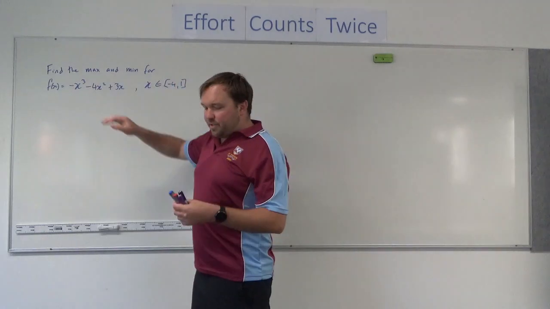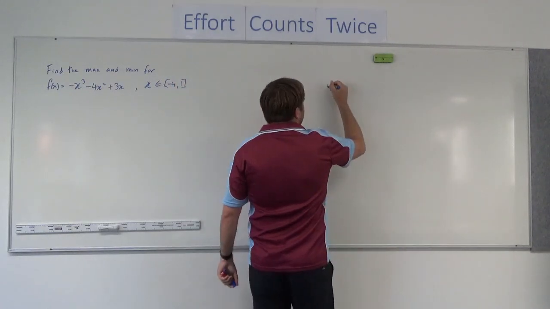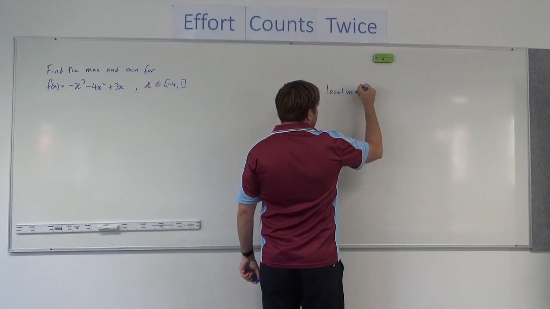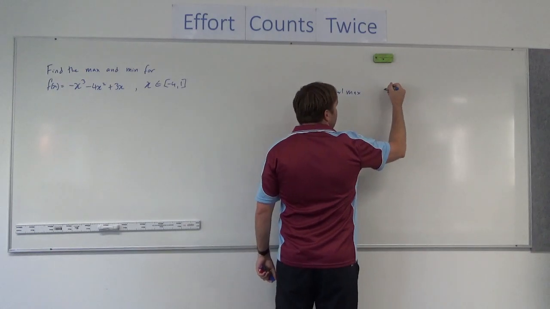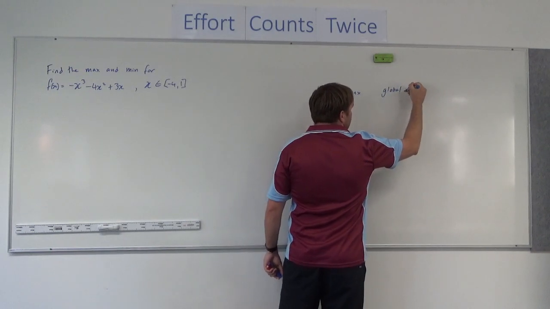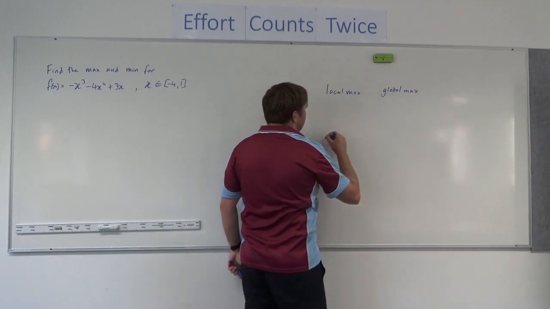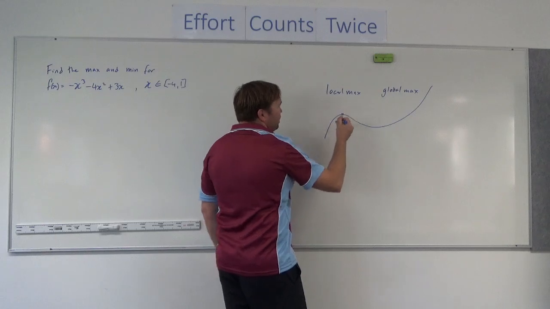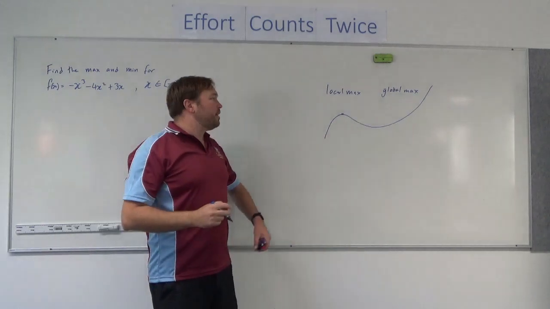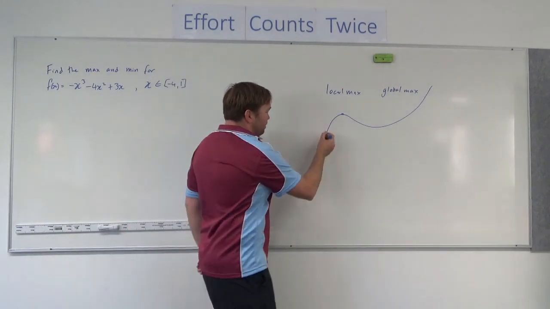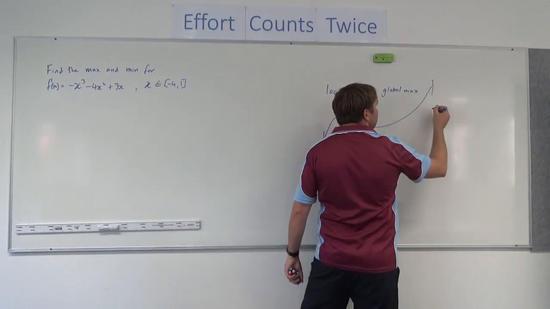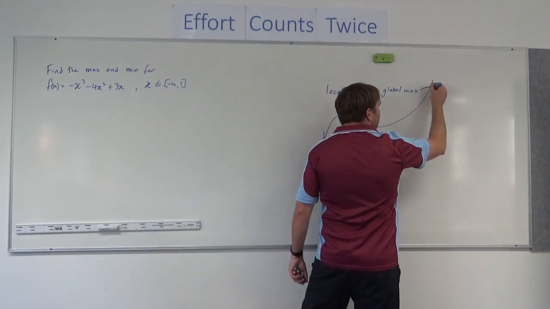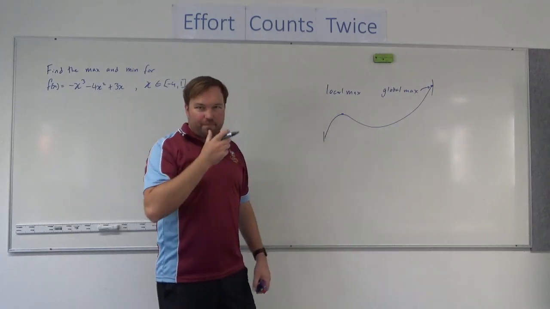There is a difference between local max and global max. That is a local maximum. But if we just consider the function between here and here, this here would be the global maximum.